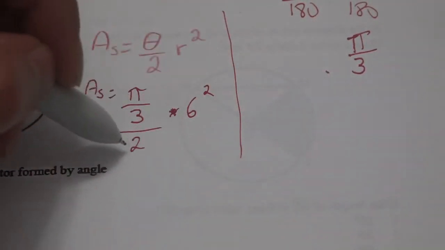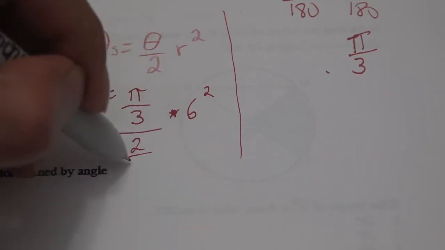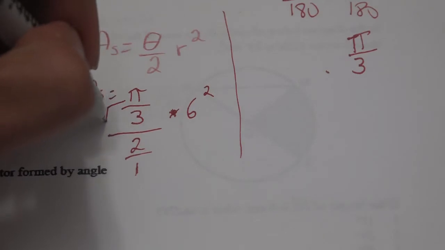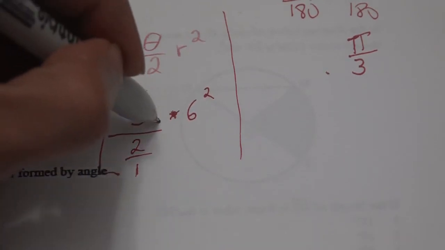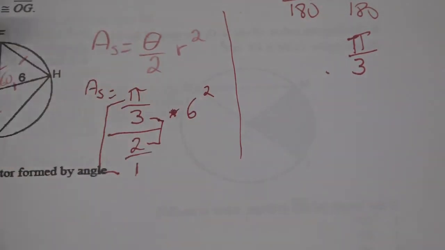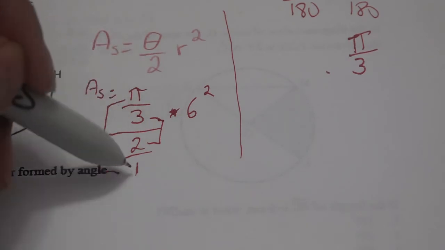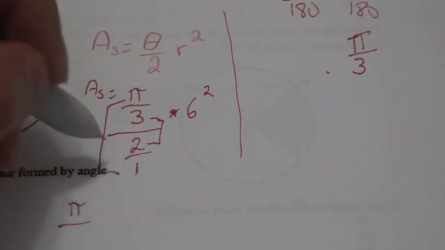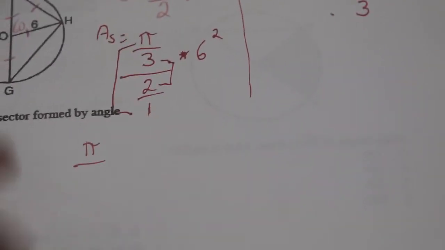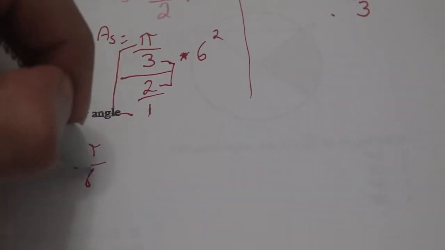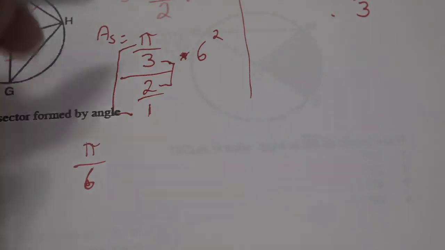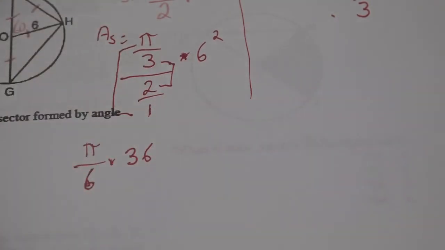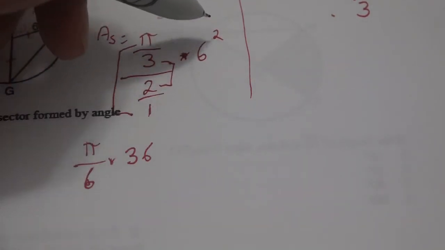When you divide a fraction by a number, make that number a fraction as well. And then multiply the extremes and then the means. So basically, pi times 1 is pi. 3 times 2 is 6. And now I'm going to multiply by 36, which is basically 6 squared.